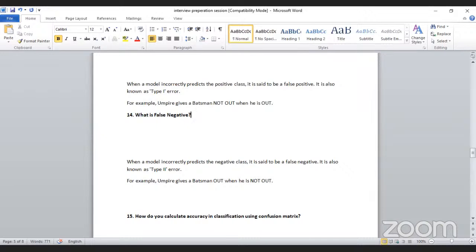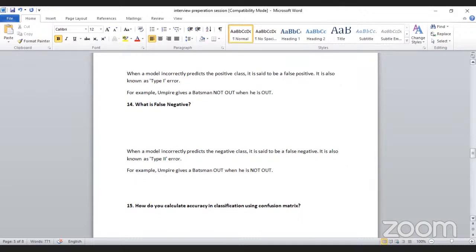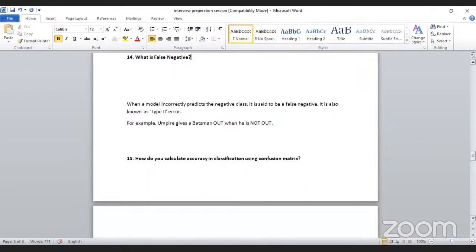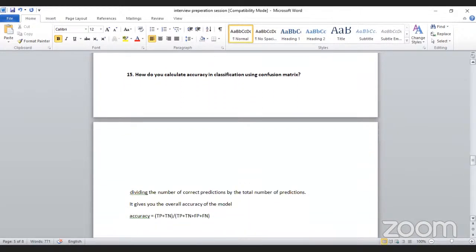So the question was, how do you calculate accuracy in classification using confusion matrix? By dividing the number of correct predictions by the total number of predictions.